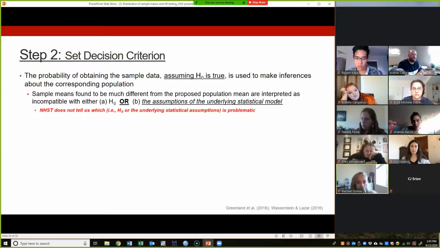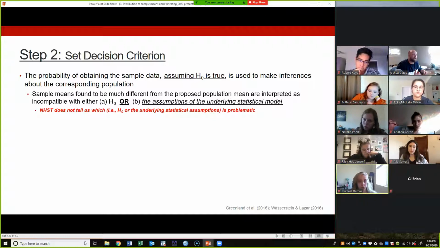Under my null hypothesis, I assume that the average functioning score for older adults who use supplements is 80. Now, if I pull a sample of older adults who use supplements and I get a score that's close to 80, Ari, what is my conclusion?